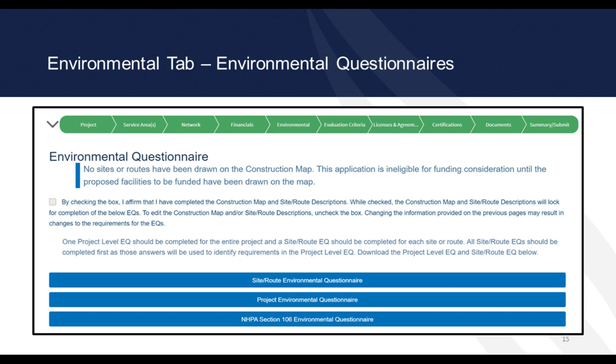The construction map and the site and route descriptions will then be locked after the response is saved. If you need to go back and change the construction map or descriptions after you've locked them, uncheck this box and click Save again. Once you've made all of your changes, come back to this page and select the checkbox one more time and click Save one more time so that you can submit the application.